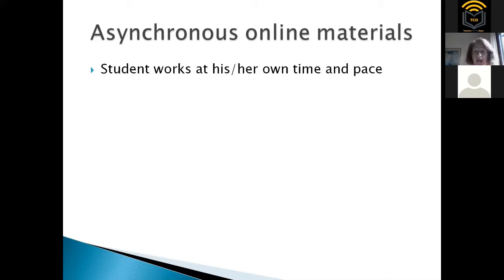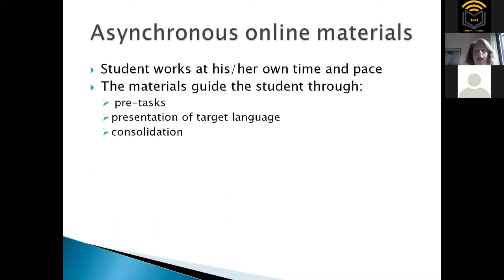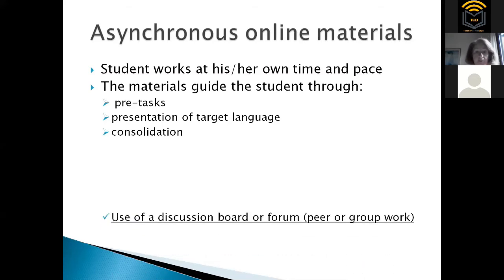So it's not happening in real time. And these materials should be guiding the students through pre-tasks, the target language of the specific unit or part, and be able to help them consolidate the material.